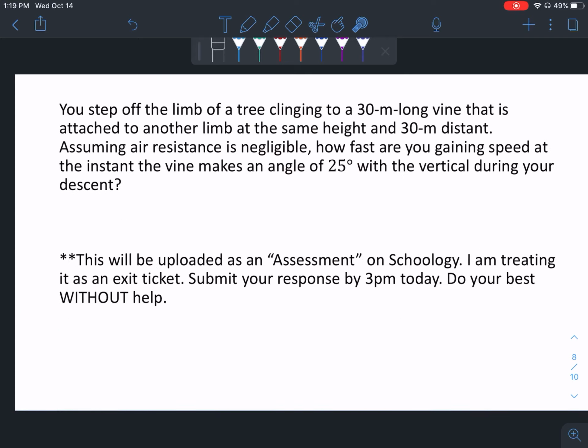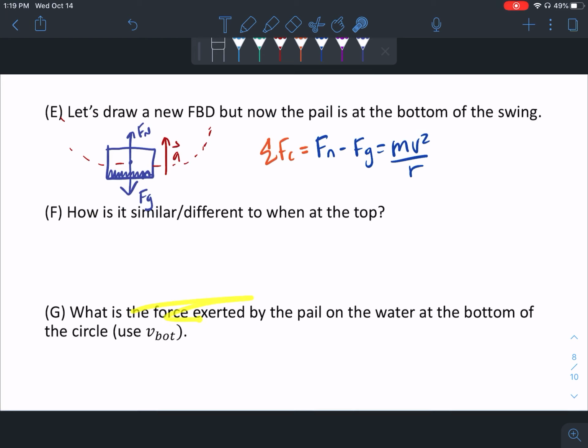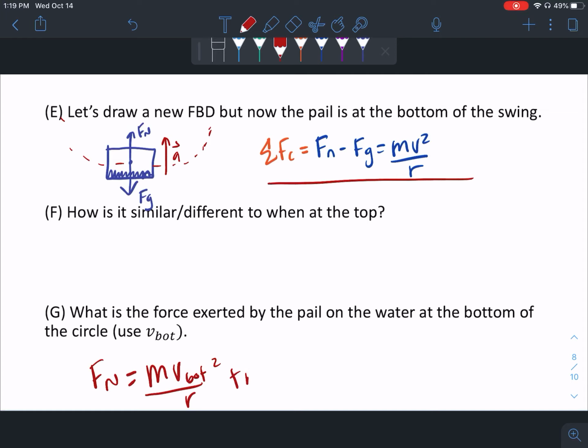We can then rearrange this to see at the bottom. It says, once again, what is the force exerted by the pail at the bottom? So how would that be changed? We take this formula. We say force normal is now equal to m v at the bottom squared over r, and this is going to become a plus mg.